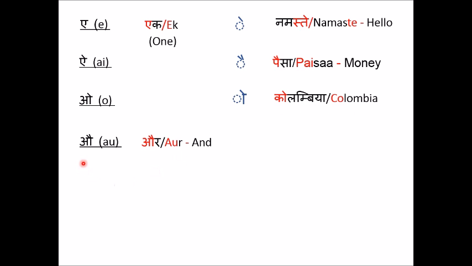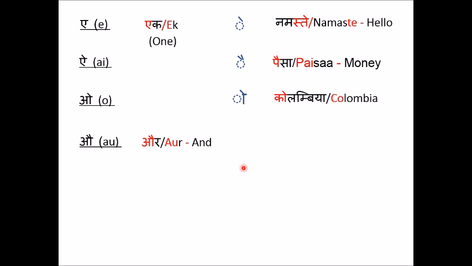Then we have au. Au is similar to o, however it has one extra flick on top of o, which then becomes au. For example, we have aur, which means and.